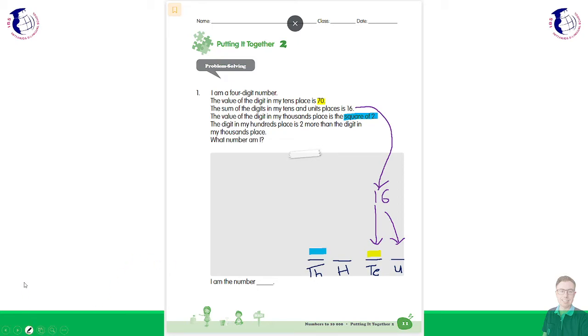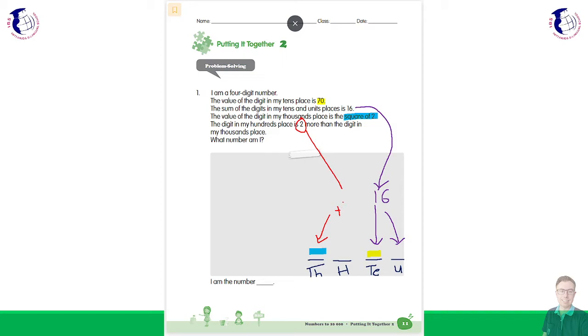So our next clue is, the digit in my hundreds place is 2 more than the digit in my thousands place. So all you got to do here is add, let's have a red. So you got to do this plus, what are we going?